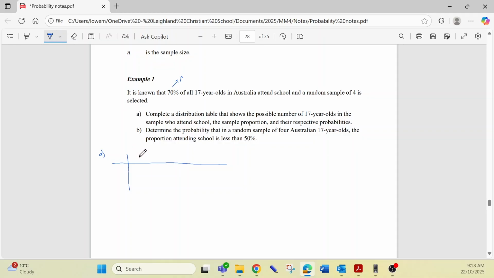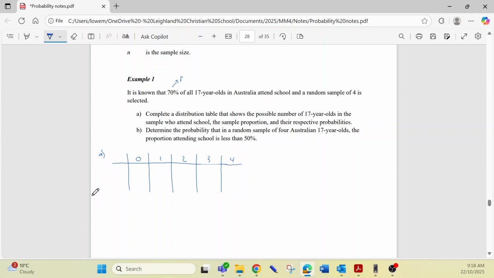So we've got a total of 4 that we're selecting. From that number of 4, we could potentially have 0 that attend school. We could have 1 that attends school, 2 or 3, or perhaps all 4.